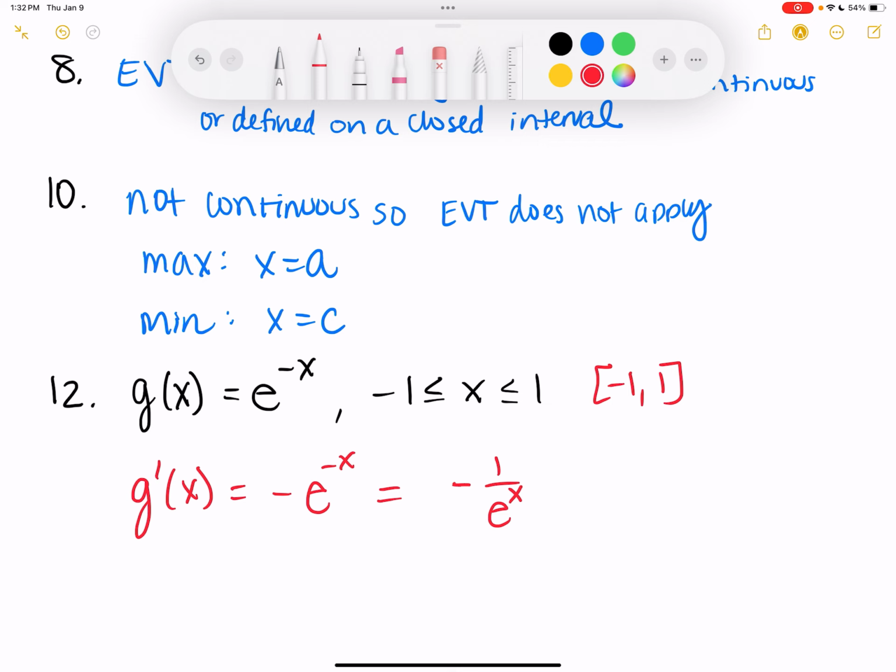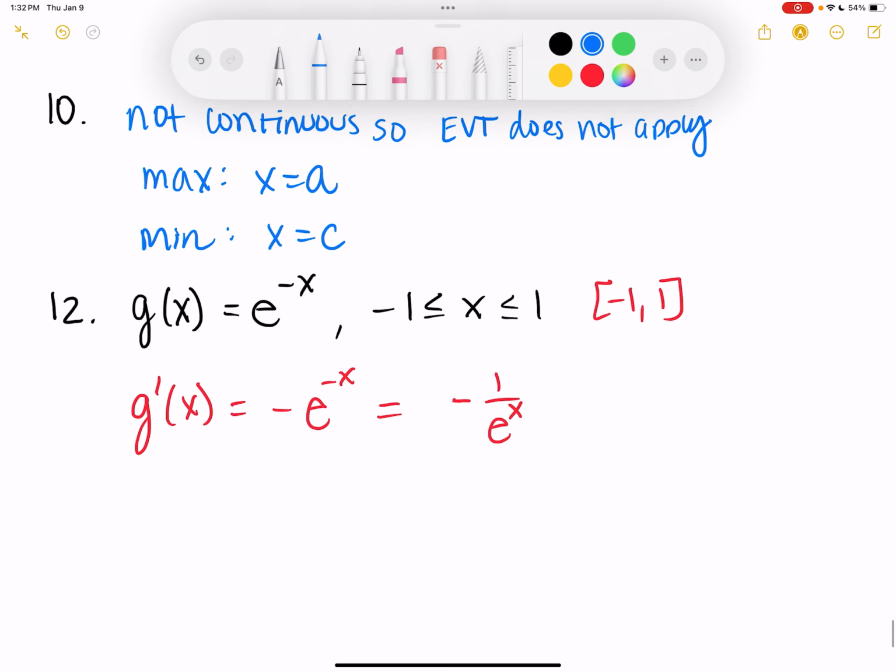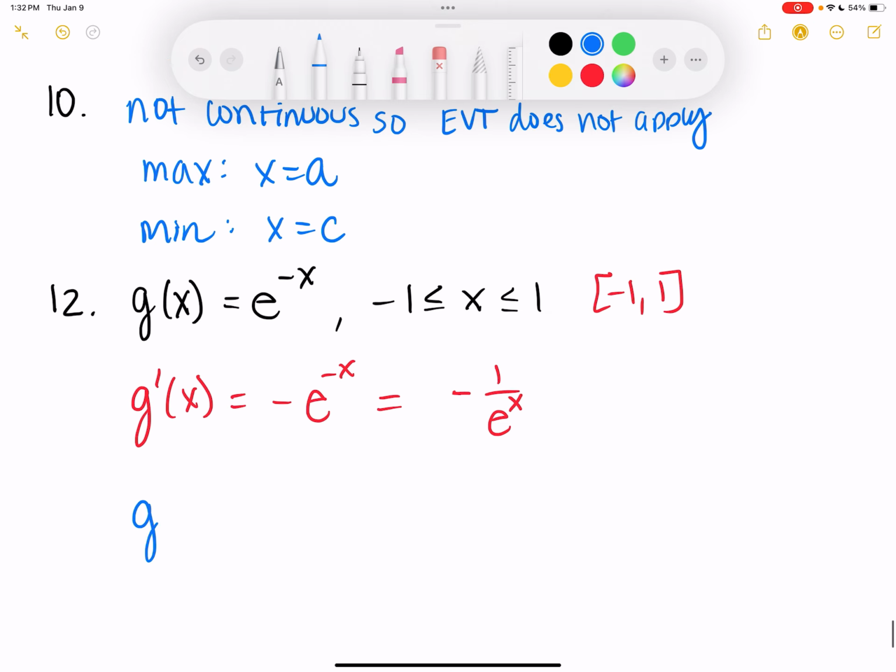So now we use the endpoints, and we're going to plug those in, which I actually think for this problem we didn't need, but that's fine. So into the original, g of -1 is e to the -1, or just e to the 1, which is e. Let's do the other endpoint first.